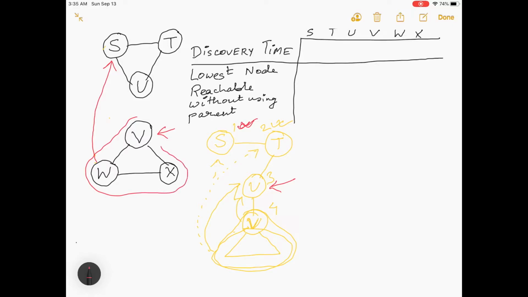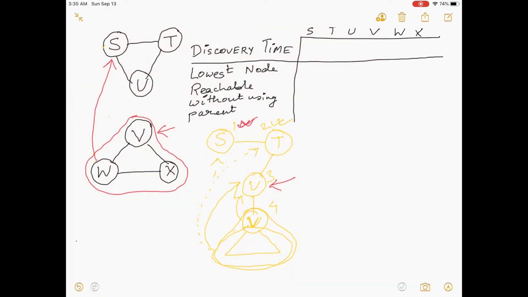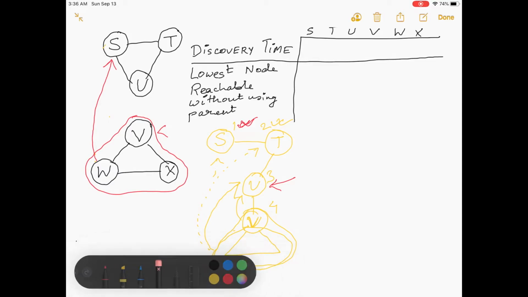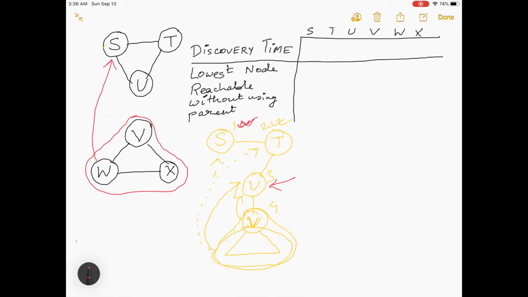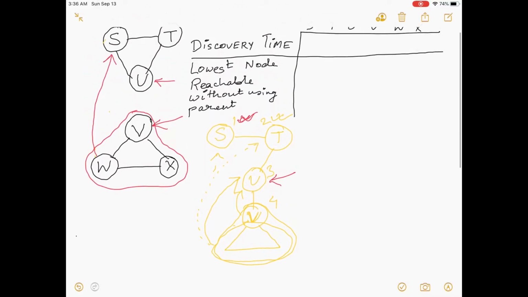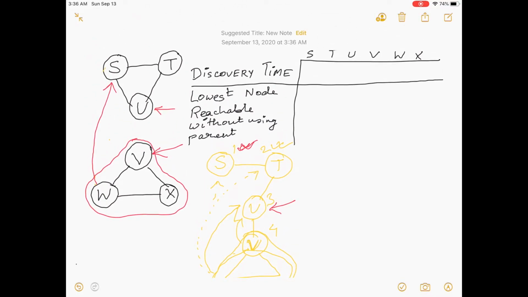So in general, whenever we backtrack from a vertex to its parent, like say we are backtracking from V to its parent U, then I just need to check if V can reach at least U or any of the earlier discovered vertices.